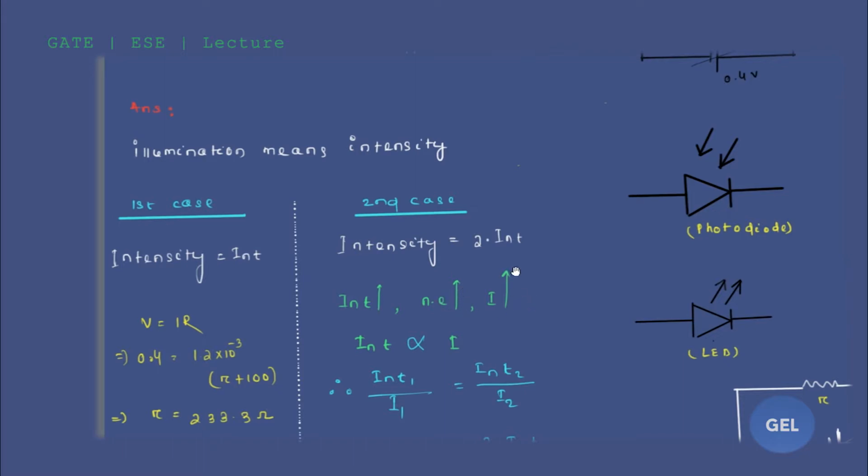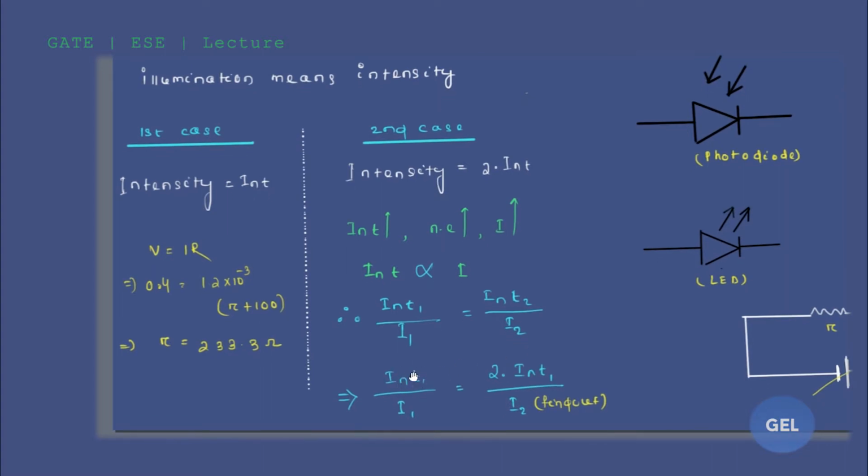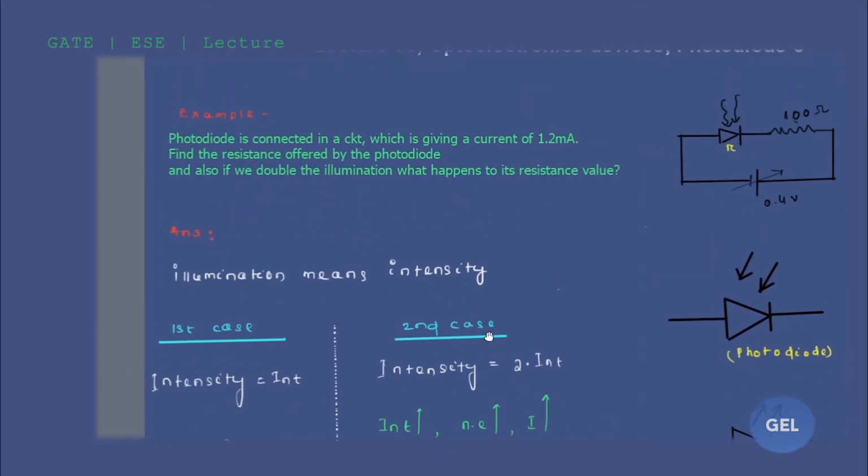That is why the current value also gets affected; it increased by some amount. Now from this relation, intensity is directly proportional to current. So INT1 by I1 is equal to INT2 by I2. Now INT2 is nothing but 2 into INT1, correct? That is what it changes to in the second case.